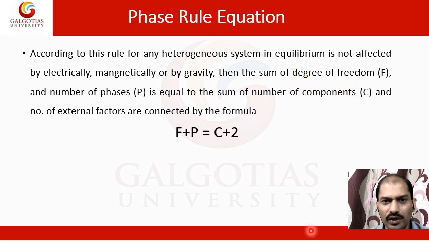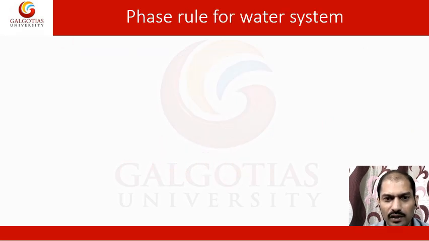Then the sum of the degree of freedom and the number of phases is equal to the number of components plus the external factors, connected by this common formula. For degree of freedom, you can rearrange the formula and get F = C - P + 2.